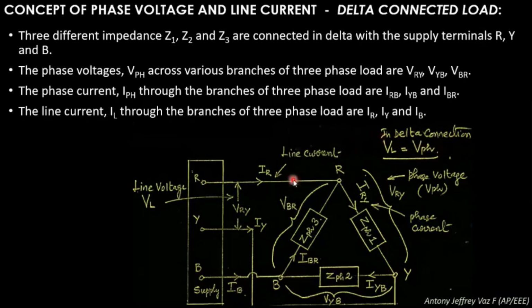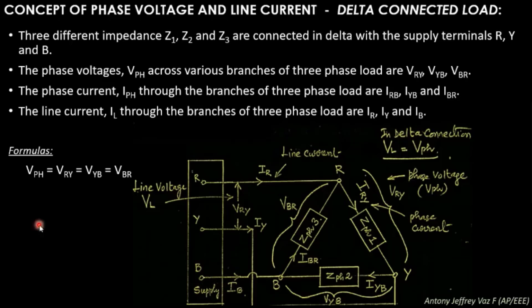If you see the line currents here, this will be IR, here it will be IY, and here it will be IB. When you see the current flowing in the branches, you will get IBR, IRY, and IYB. So the phase current and the line currents are different.